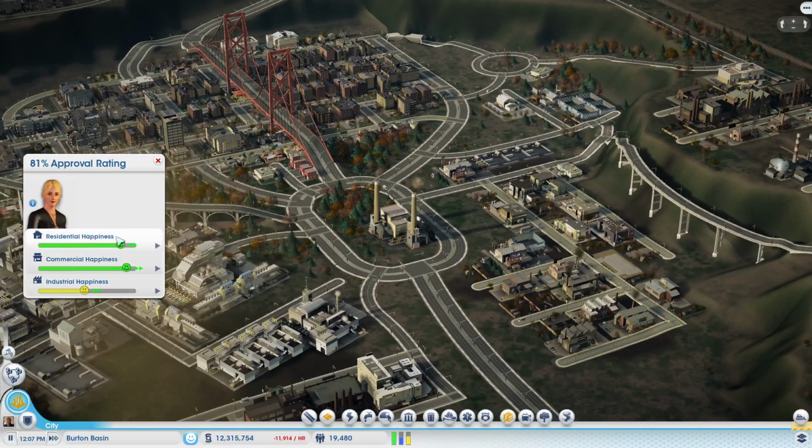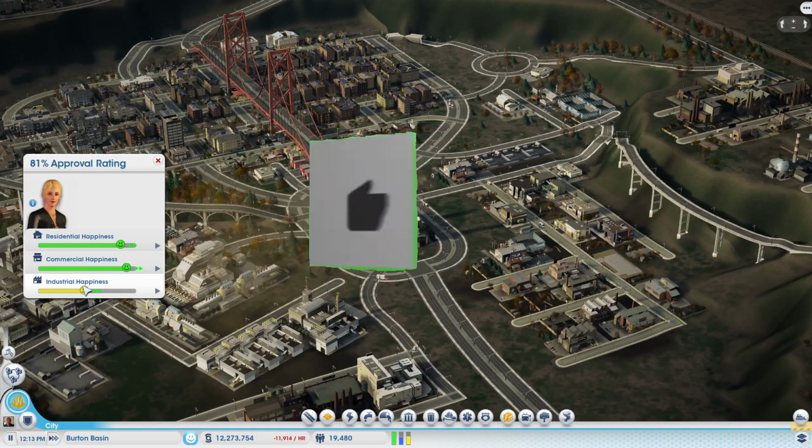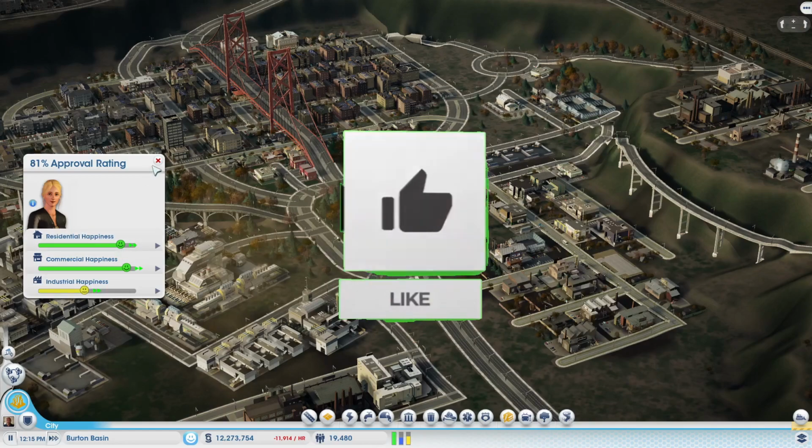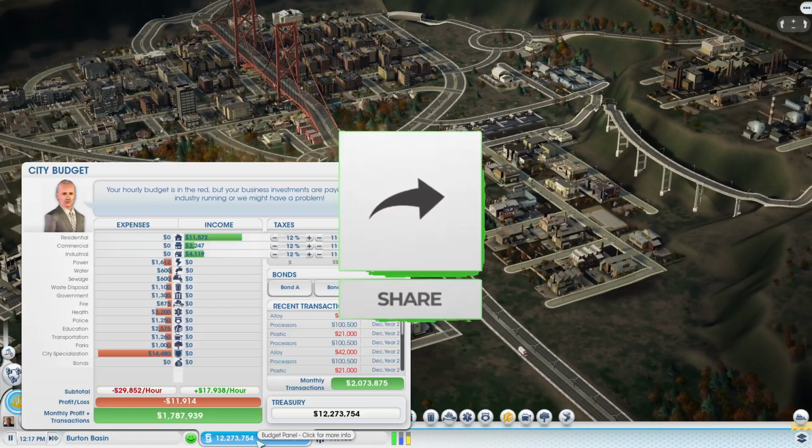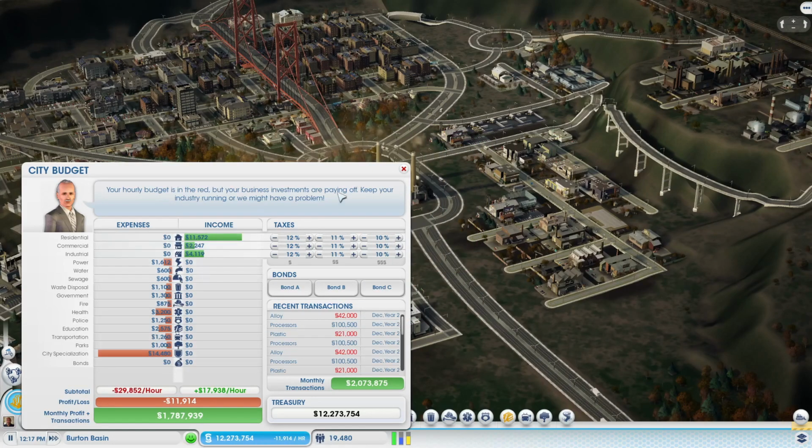Happiness. What's the happiness level? 81% approval rating, great. But are there areas where maybe we can improve things? So for this city, industrial happiness is going up, but it's lower than commercial or residential. Is the city making money?